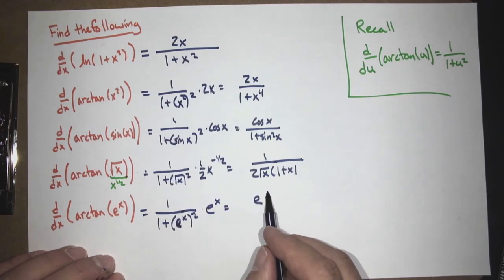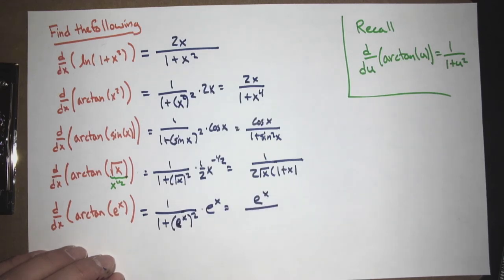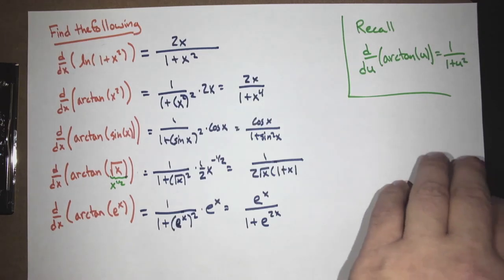Now, how can you write e to the x quantity squared? E to the 2x. So if you have a power to a power, you multiply the powers together. All right. So we can take derivatives of things with arctangent. Any questions?